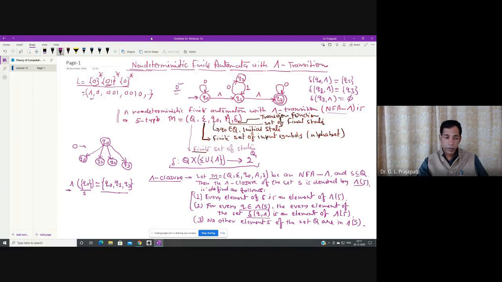Once you are at Q0 and you have the null transitions, you observe where your machine can reach without consuming any input.